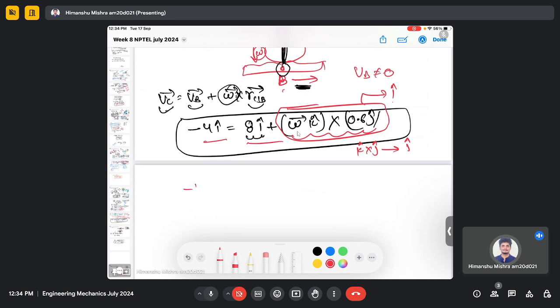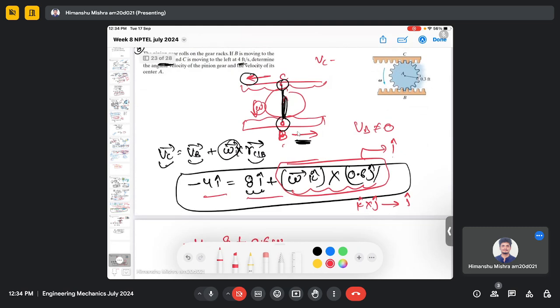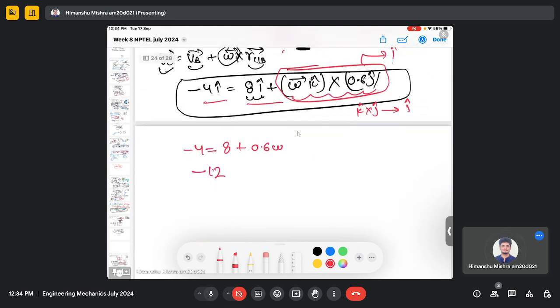So it will be simply minus 4 equals 8 plus 0.6 omega. I'm just writing down the magnitudes here. So it is minus 12 equals 0.6 omega.